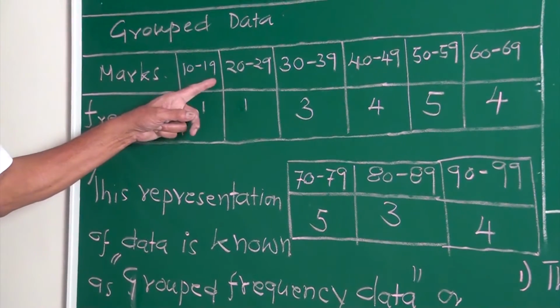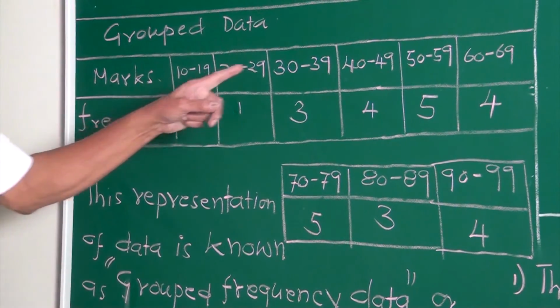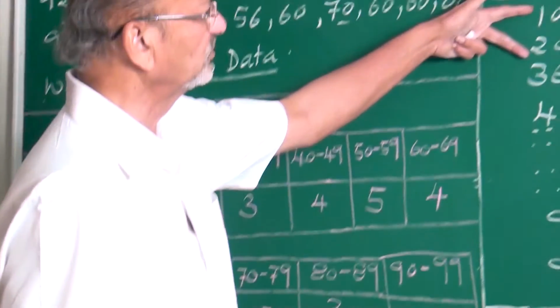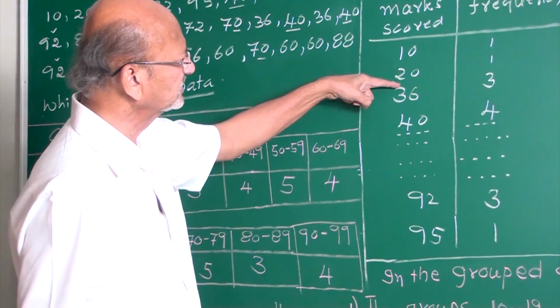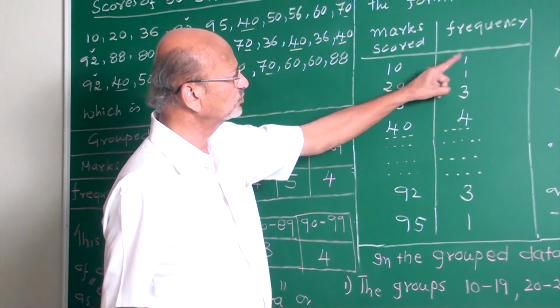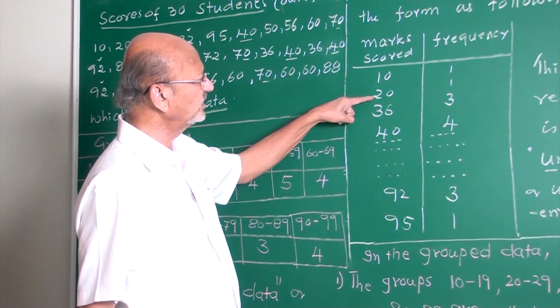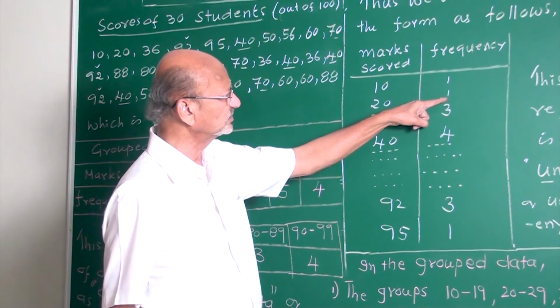In between 10 to 19, 19 means less than 20, there is only 1 student. Between 20 to 29, there is 1 student.